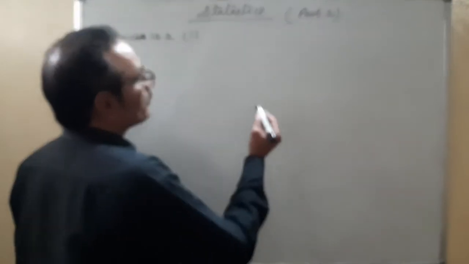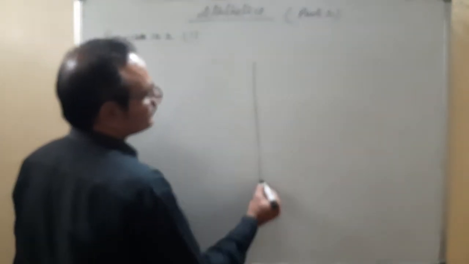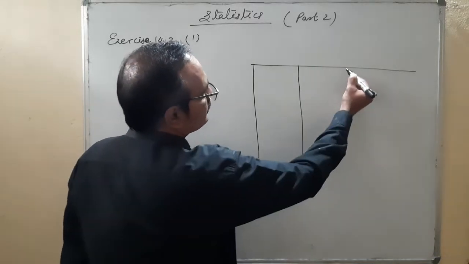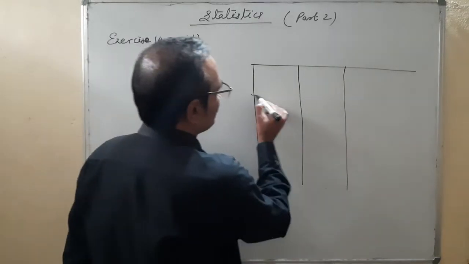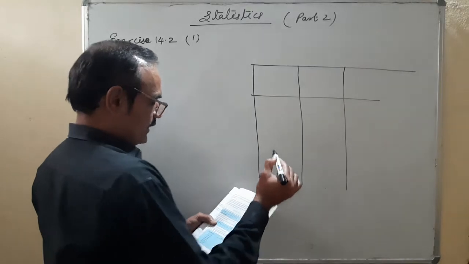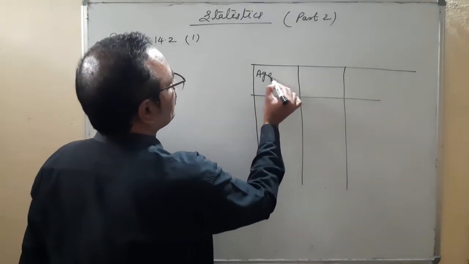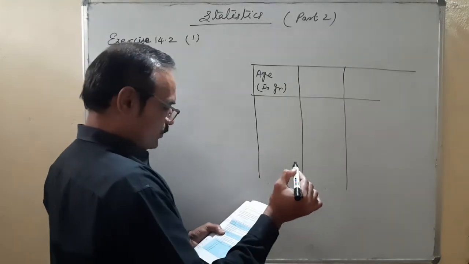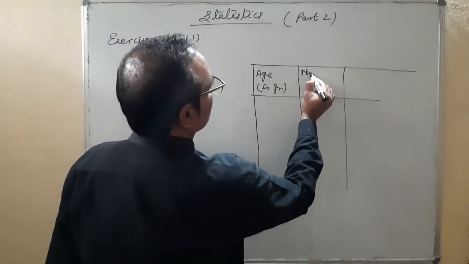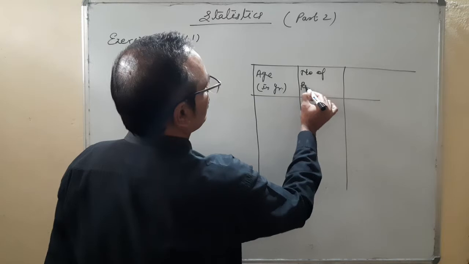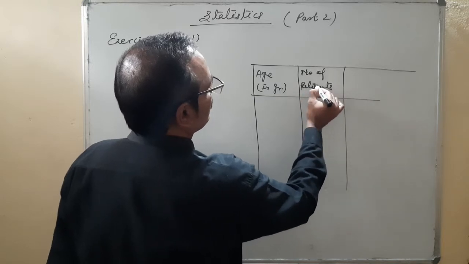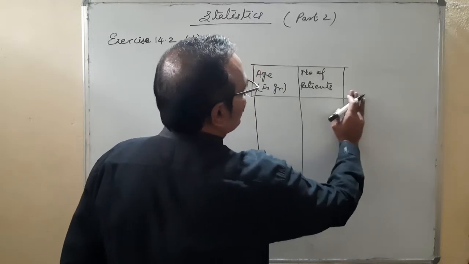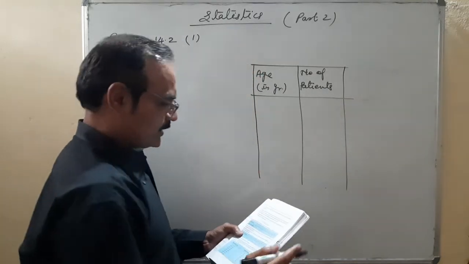These columns are horizontal; we are making a vertical column. Always make a vertical column. It is given: age in years, and the second one is number of patients. In mode, only two columns are required, which are given, nothing special in it.